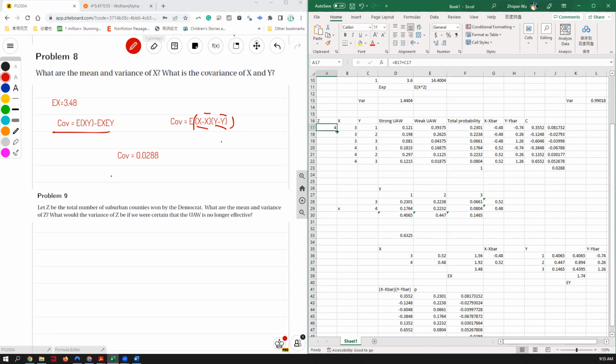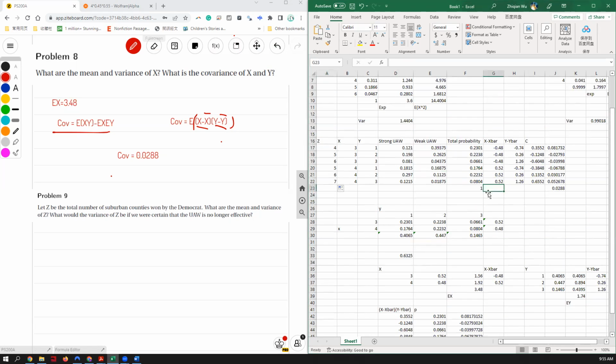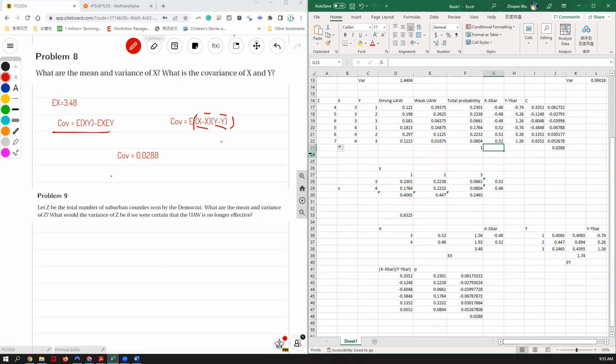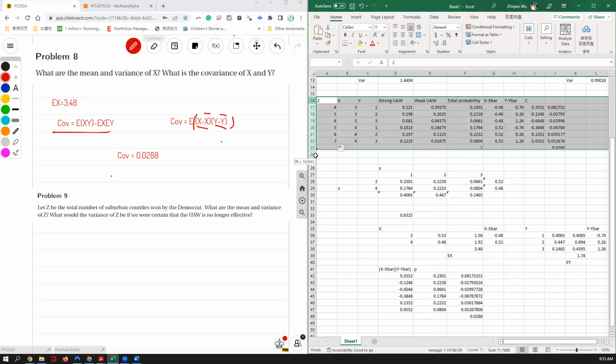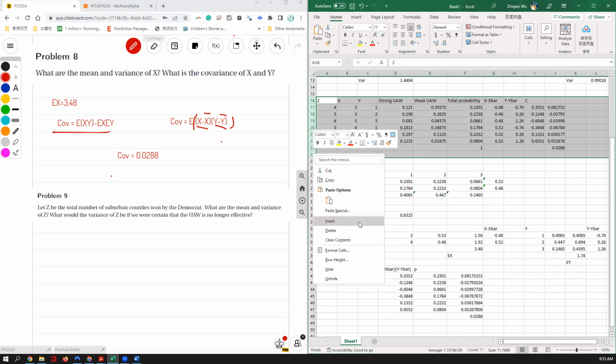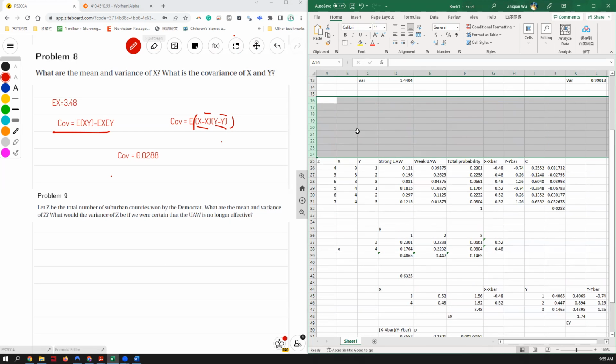It's 4. And looks like several rows contribute to 5, several rows contribute to 6. So let me combine them. If I make a new table here, maybe I'll just add a whole bunch of rows right below this, or above is fine.